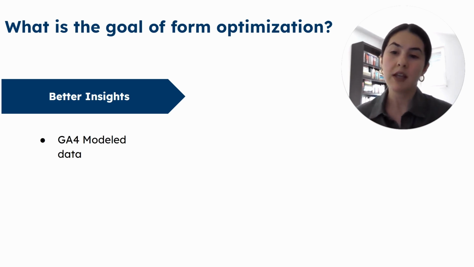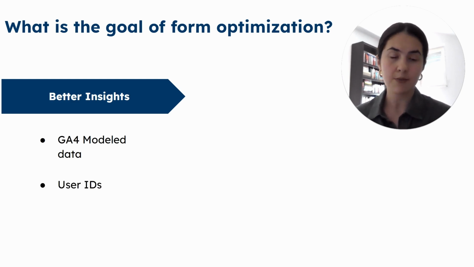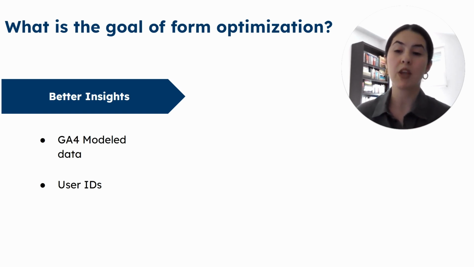So, speaking of modeled data and better insights with the forms, where the benefit lies is in user IDs. So if you were to get an increased number of signups to your email newsletter, and people would, of course, give up their email addresses, you would be able to assign a user ID to every email address.